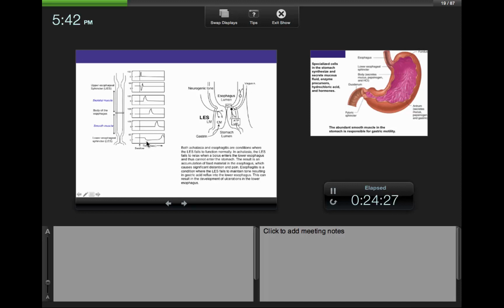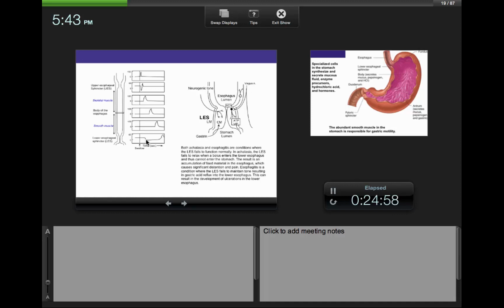This is what's called an anticipatory relaxation, even before food is close to the lower esophageal sphincter. You can see this bump right here is the food traveling down the esophagus, and it doesn't reach the lower esophageal sphincter for a number of seconds. But you can see there's an anticipatory relaxation.